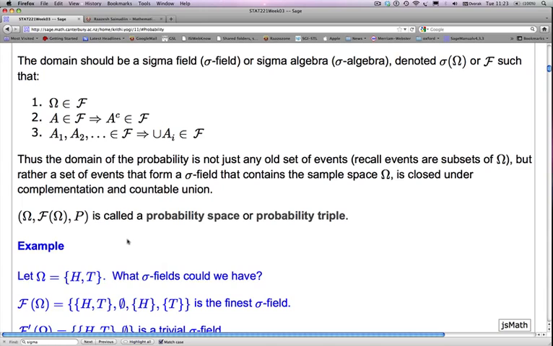Now we finally have the probability space, or the probability triple. It involves these three objects. So we have an ordered triple. The first one is the sample space, capital Omega. The second one is the sigma field over that sample space, or script F of omega.